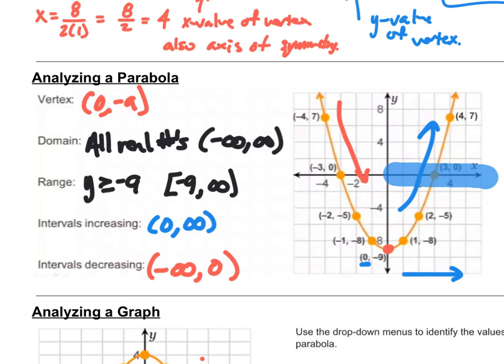So we have to talk about both the x values and the y values. Same thing with a decreasing function, okay? That's happening over these x values. So from negative infinity to 0 is where our y values are getting smaller. And that's it.